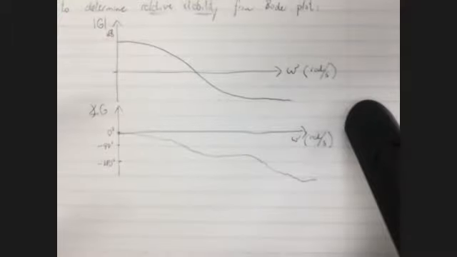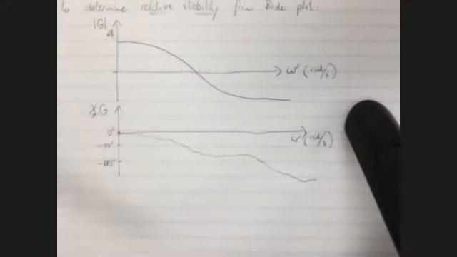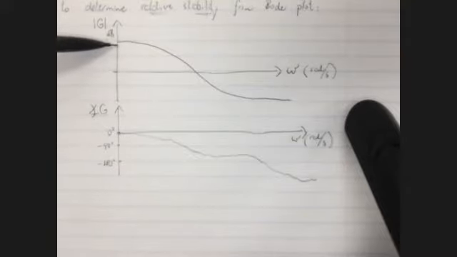Before we determine the relative stability, let's just be aware of how to interpret these plots. You've got a frequency on my horizontal. So this is telling me, given an input signal with an input frequency, how does this modify the output?